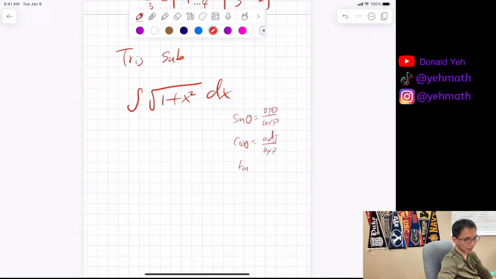Secant theta is hypotenuse over adjacent, and tangent theta is equal to opposite over adjacent. So this has to do with the triangle that we used.